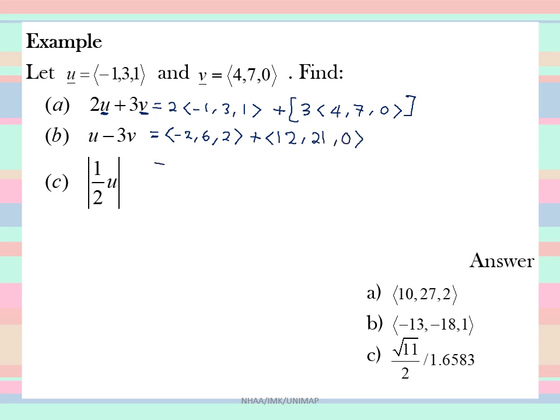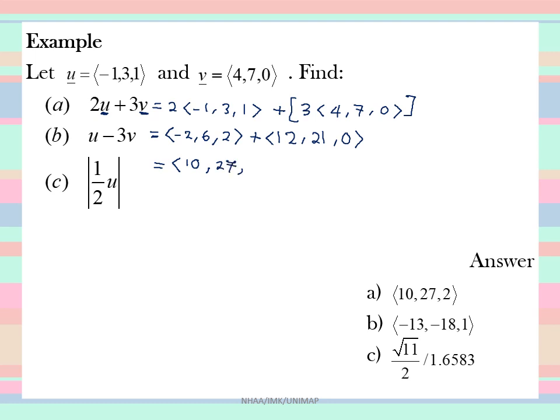Now you proceed to sum this. Remember, for summation or subtraction, you must add or subtract the first component with the first component, the second with the second component, the third with the third component. So the first component is -2 plus 12, that is 10. 6 plus 21 is 27, that is your second component.